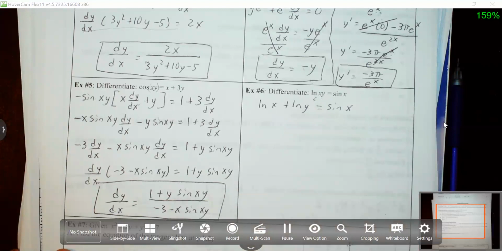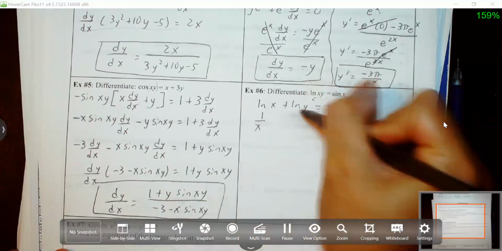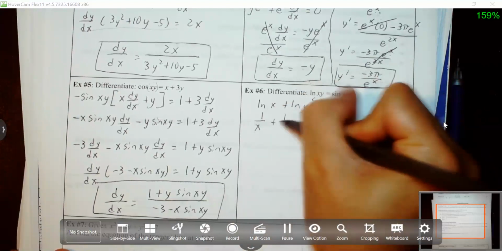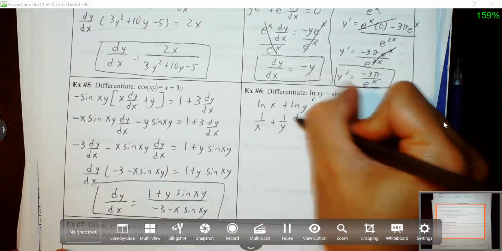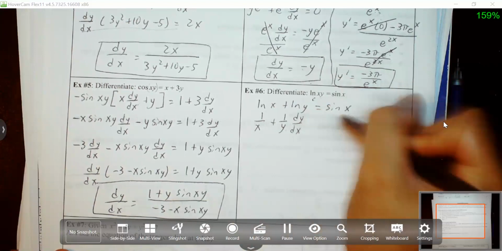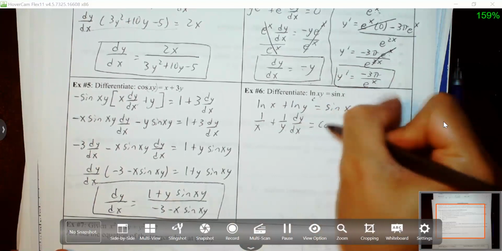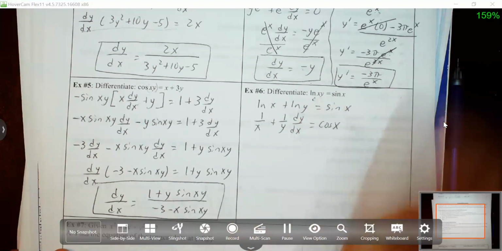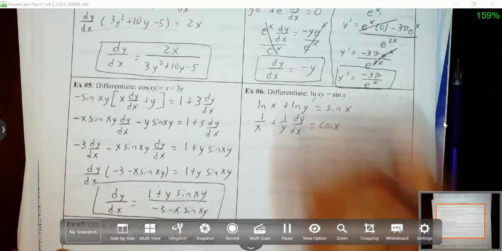Now, I just take the derivative of everything here. The derivative of ln x is 1 over x. The derivative of ln y is 1 over y. But since this term has a y in it, I have to put dy over dx. And the derivative of sine x is cosine x. Any term that does not have a dy dx, I'll move to the other side.